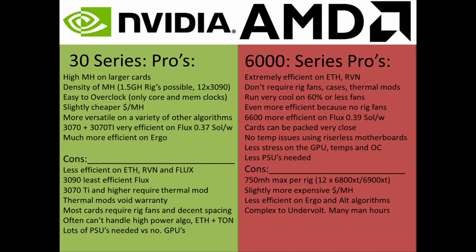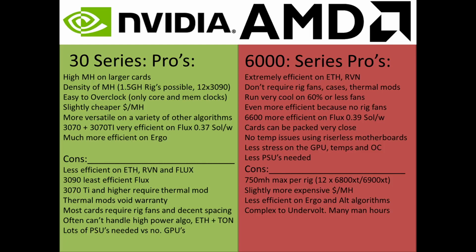The 6000 series are only really strong in ETH and Raven. They're super strong in those two, and the 6600 card is efficient on Flux, but that's pretty much it. They're not great all round on every other algorithm.